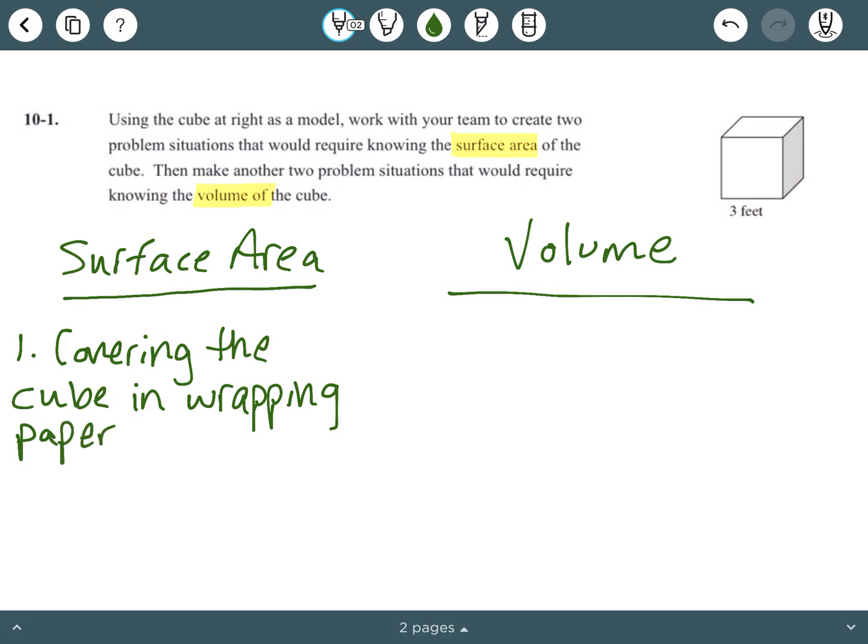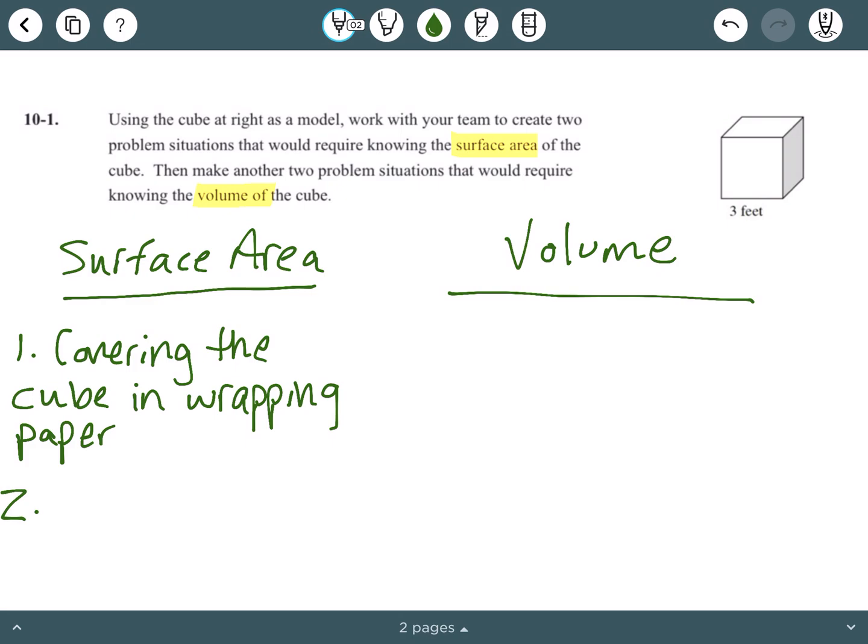All right, again, because in this situation, we could pretend like it is a birthday present that is in a cube-shaped box. And second of all, why would we want to know the surface area of the cube? Well, another situation where we might be interested in the surface area of the cube is if we want to, again, cover it in something else.